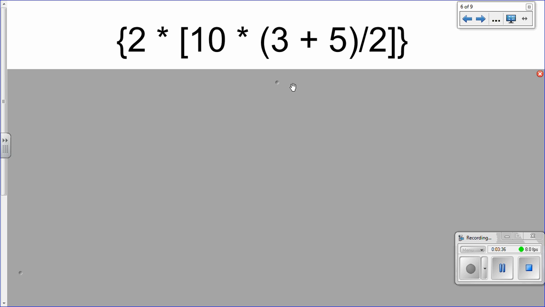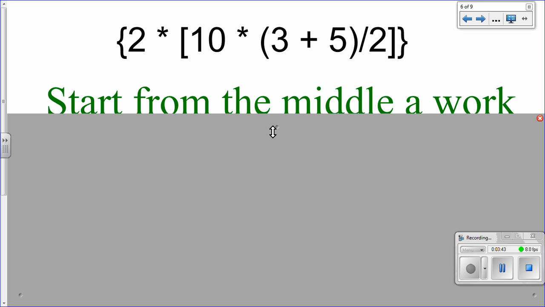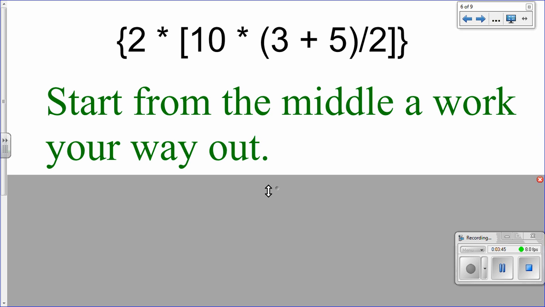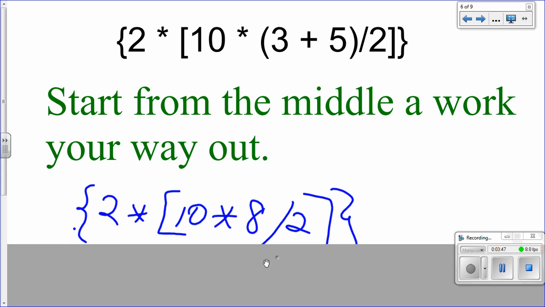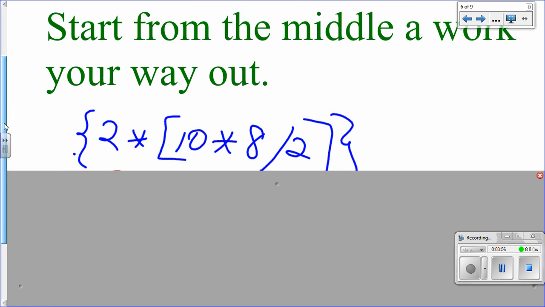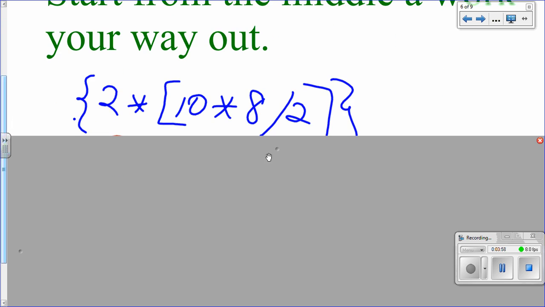Here's yet another example. Multiple grouping symbols. When you have more than one grouping symbol, you want to start on the inside first and work your way outward. So here would be the first step. We're going to take care of the 3 plus 5, and we get 8. Rewrite the entire problem as you go through.